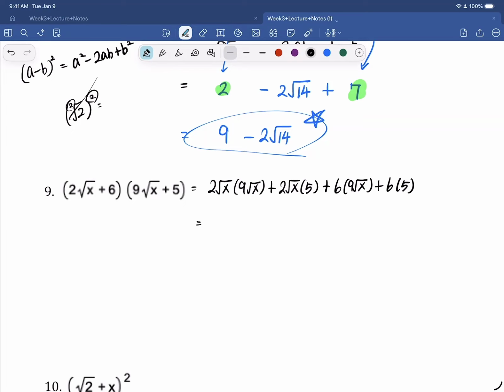So this one is 18 square root of x squared, right? 2 and 9, and then square root of x and square root of x, so that's square root of x squared, plus 10 square root of x, 54 (6 times 9 is 54), and then plus 30. So what is square root of x squared? It's just x, right? So that's why this is 18x.